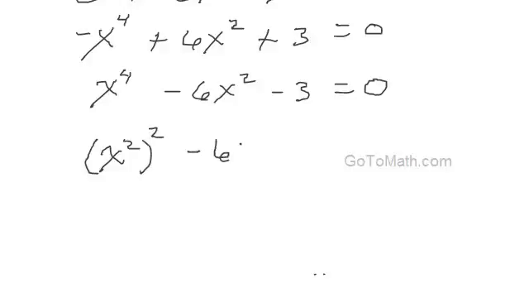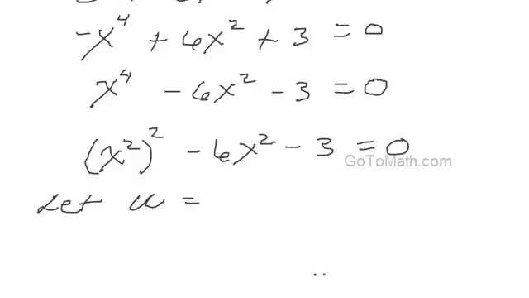I'm just rewriting it so you can better see what we're going to be letting u equal. Let u equal x squared. Now we're going to do the substitution, substituting u in for x squared.